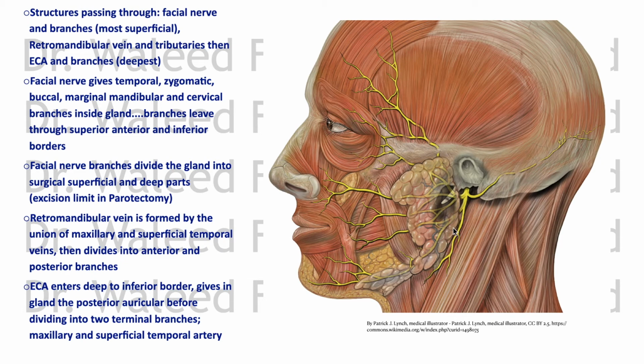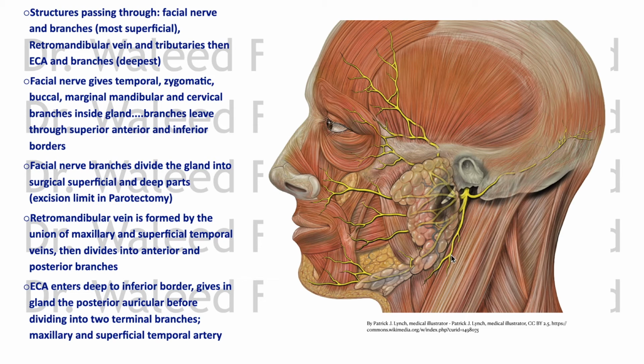The retromandibular vein will go down inside the substance of the gland, and then below it divides into anterior division and posterior division. The posterior division of the retromandibular vein will meet the posterior auricular vein to form the external jugular vein, and this we discussed at the very beginning of the classes with the posterior triangle of the neck.